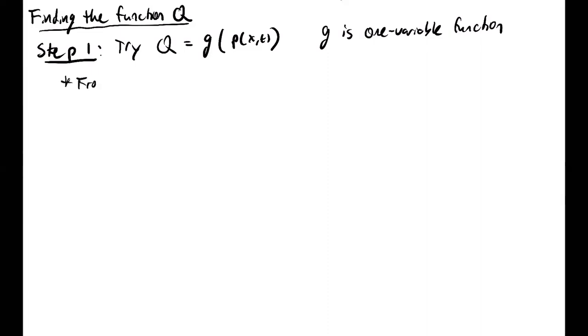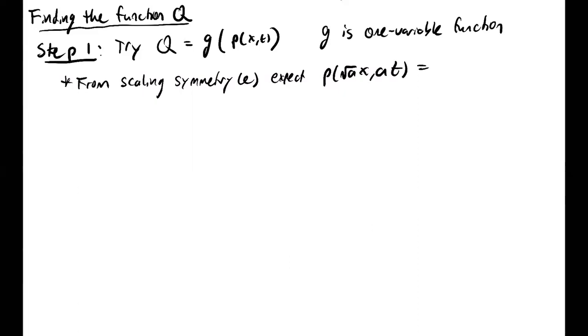Well, notice that, remember, we had this scaling condition, which was scaling symmetry, the last one. We would expect that no matter what p is, if I take p of square root of a times x, and then also at a times t, that, well, if I replace p by this value, then that should also be a solution.